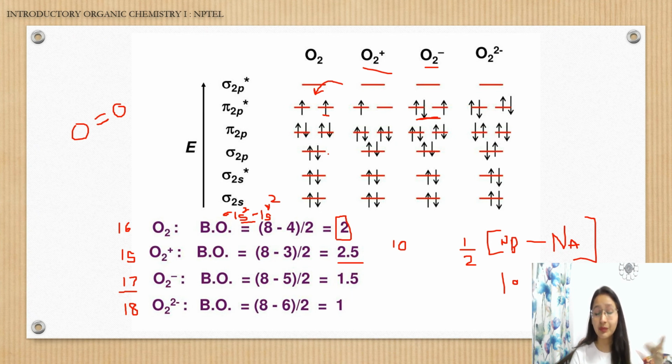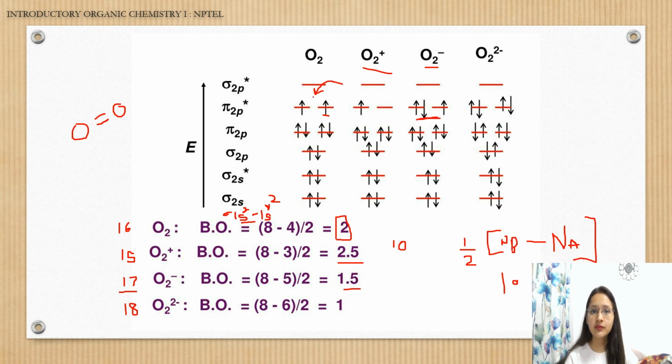In the case of oxygen, we have 6 electrons in the anti-bonding orbital, right? So in the case of O2 minus, how many electrons in the anti-bonding orbital? 7, right? So 10 minus 7 corresponds to 3. When you divide 3 by 2, you get 1.5. So the bond order for O2 minus will be 1.5.